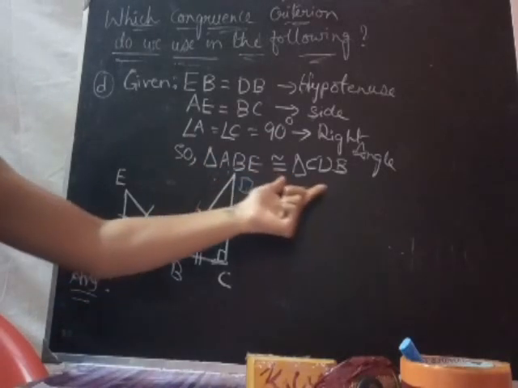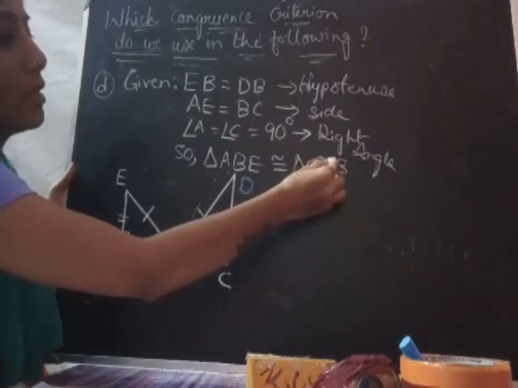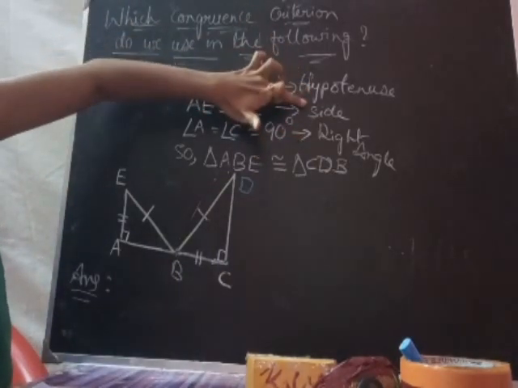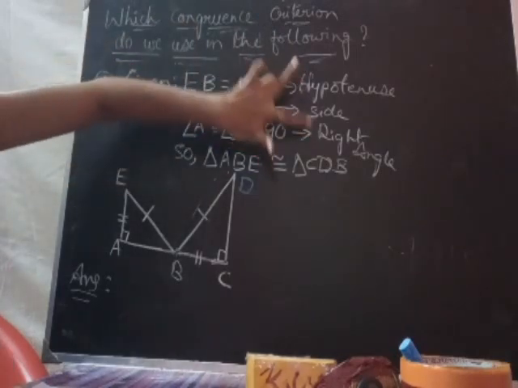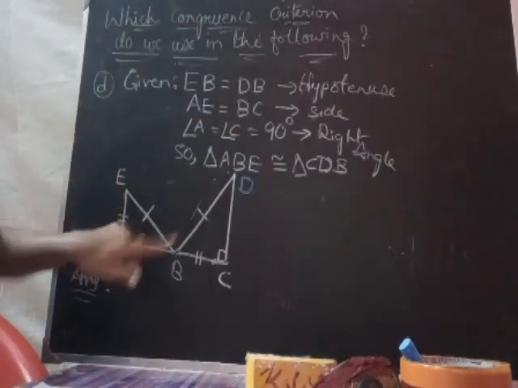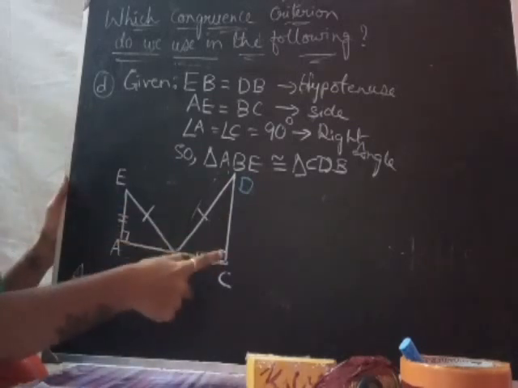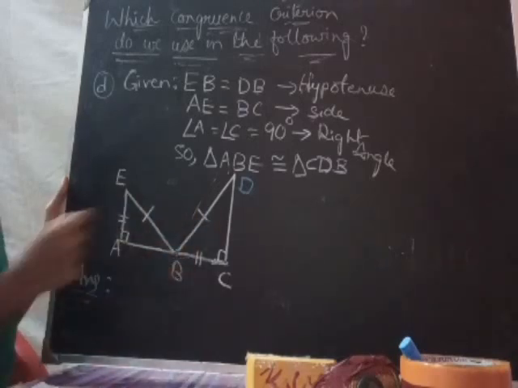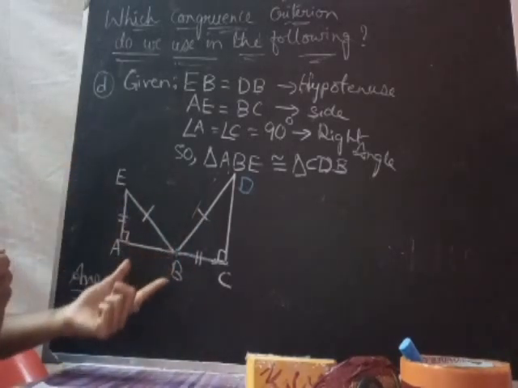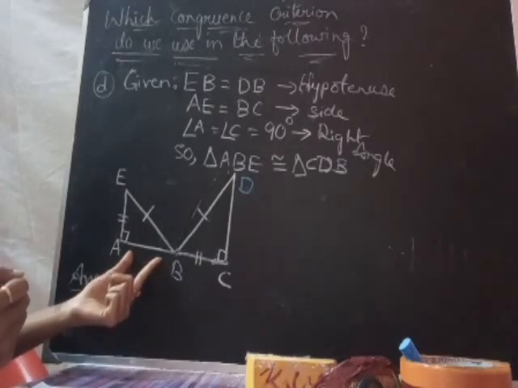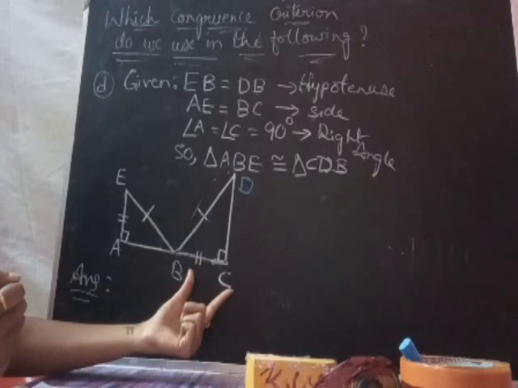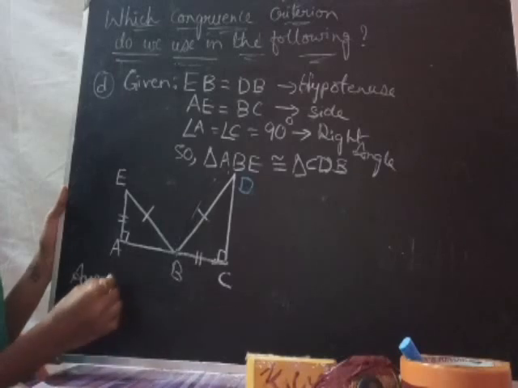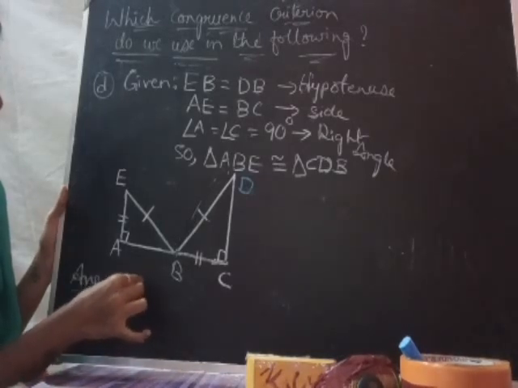So triangle ABE is congruent to triangle CDB using the criterion right angle, hypotenuse, side.